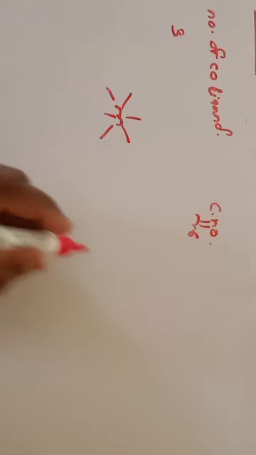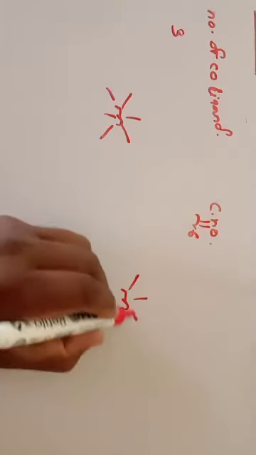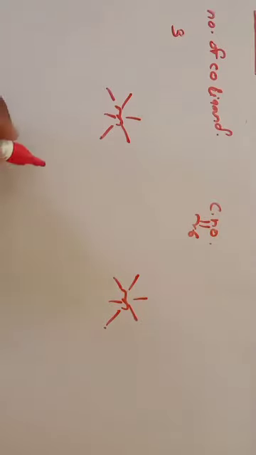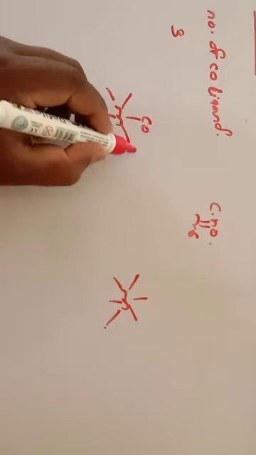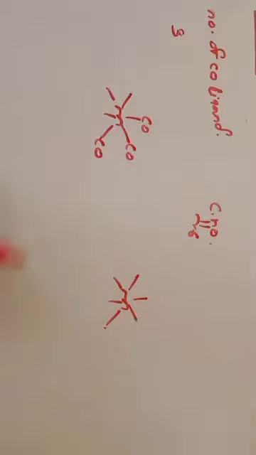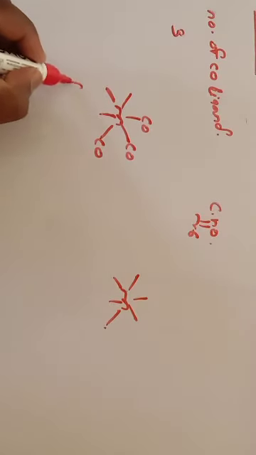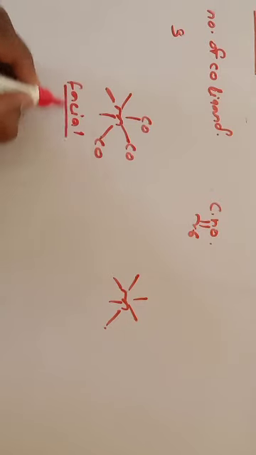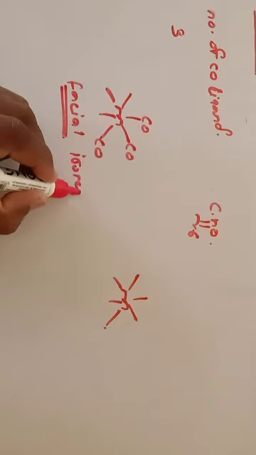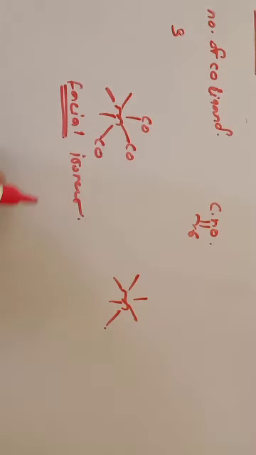What is the difference between them, and what are their point groups? If all the CO ligands are cis to each other and all other sites are vacant, this isomer is the facial isomer, and its point group is C3V.